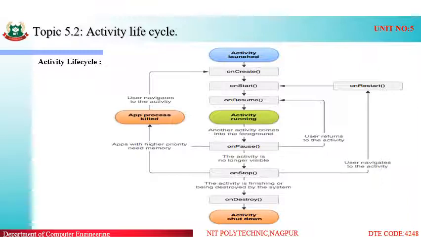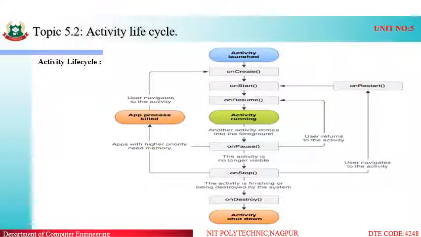When we come to the onPause event, where the next activity is taking control and becoming visible to the user, the first activity is in the background. The next activity which we are using will get the control, and when that next activity is hidden, our control resumes to the onResume of the first activity.